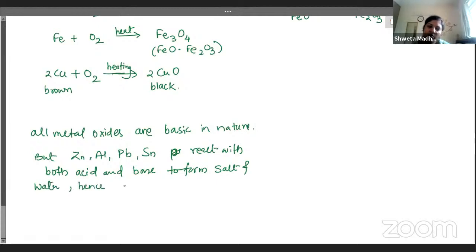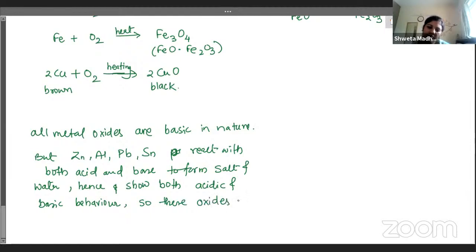Hence they show both acidic and basic behavior. So these oxides are called amphoteric.